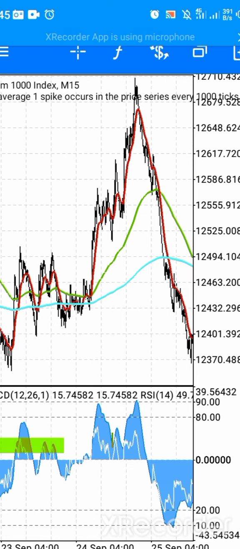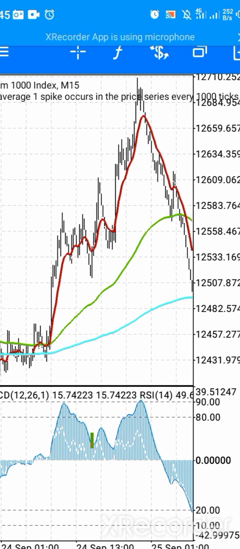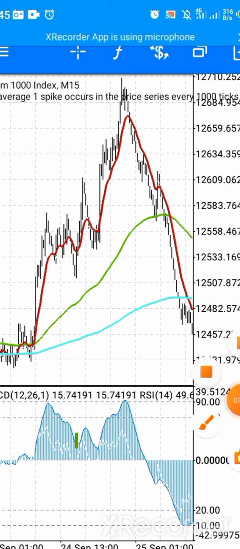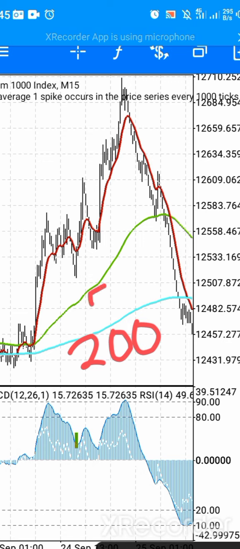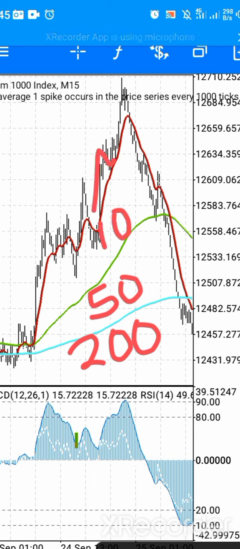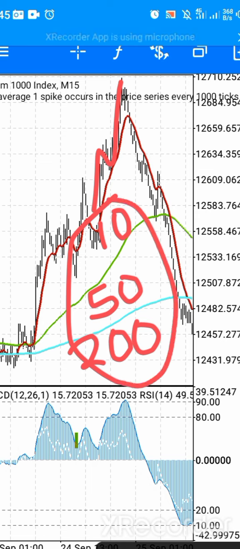So this is a perfect buy condition where the 200 is actually below, because 200 is the biggest moving average, the highest period moving average, followed by the 50, and then followed by the 10, and then price is trending on top of all these three put together. This is a strong buy trend.